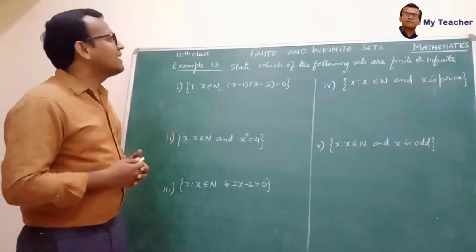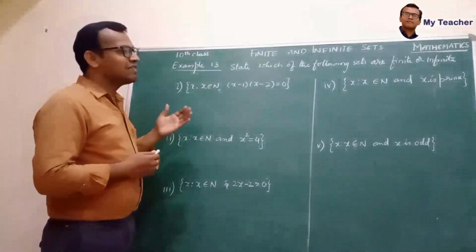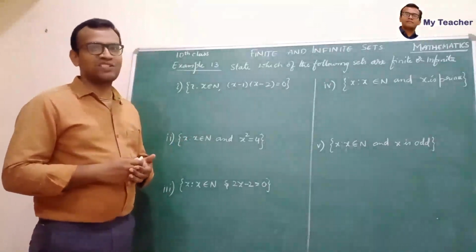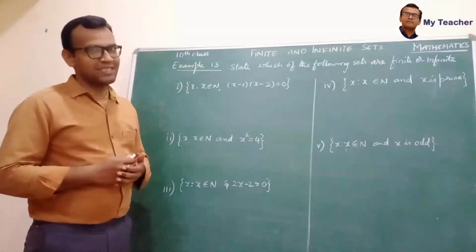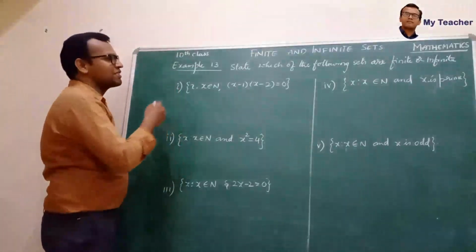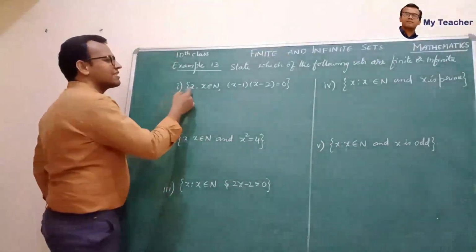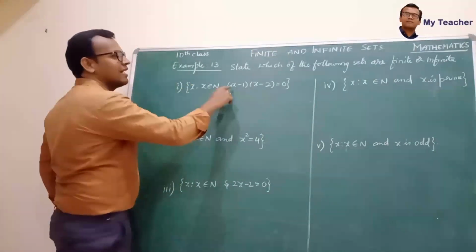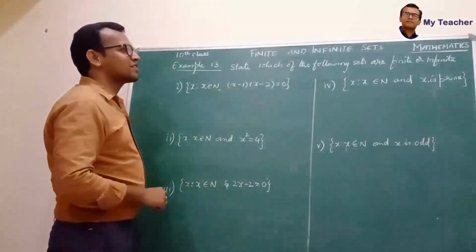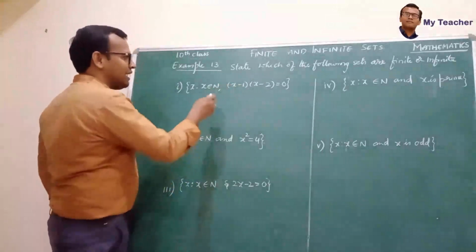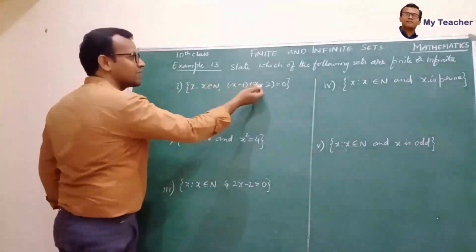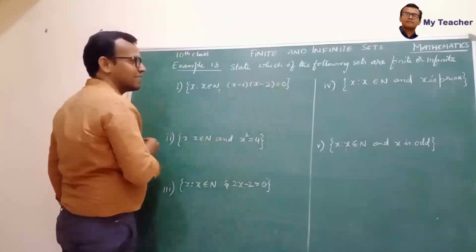Now let us state whether the given sets are finite or infinite based on the number of elements present in them. The first one: the set of x such that x belongs to N and (x minus 1)(x minus 2) is equal to 0. Here the condition is that x is a natural number and (x minus 1)(x minus 2) equals 0.